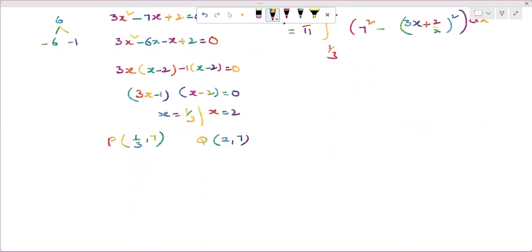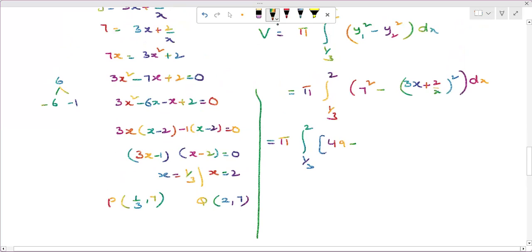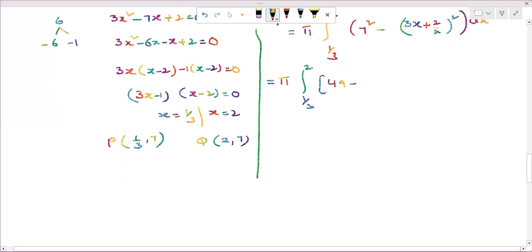Pi integral 1 by 3 to 2, 49 minus a plus b whole square. A plus b whole square means a square plus b square plus 2ab. X's cancel, 2 times 3 is 6, times 2 is 12, into dx. Now multiply with the minus symbol and simplify.